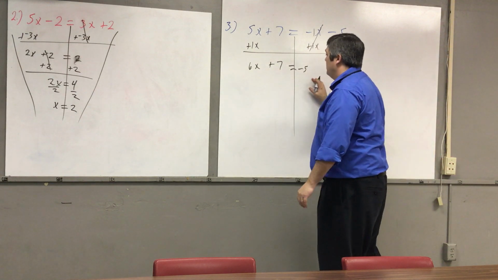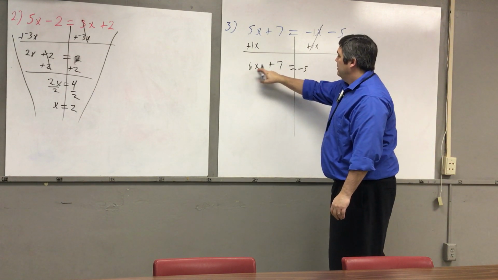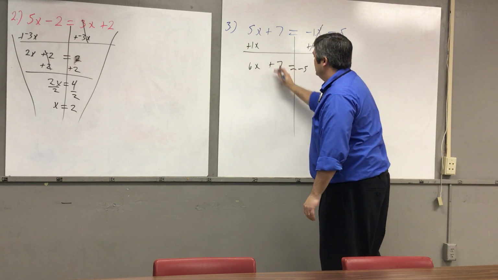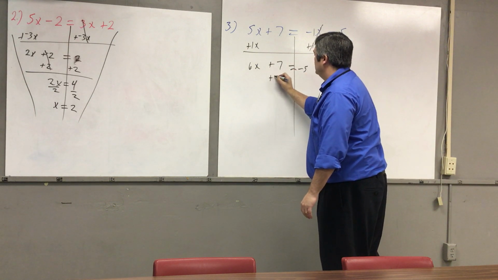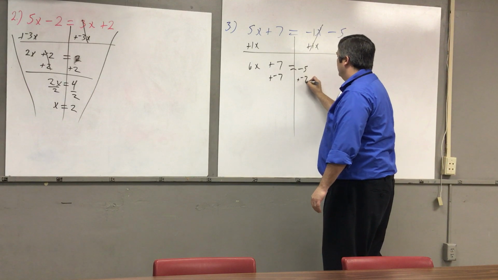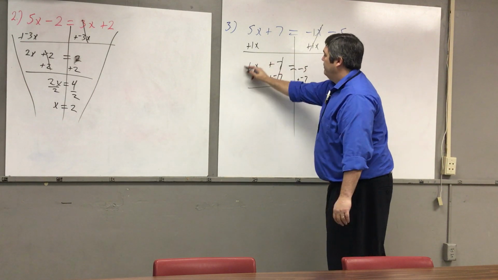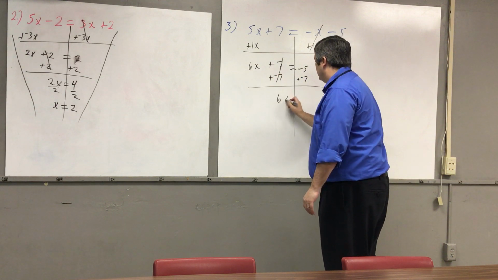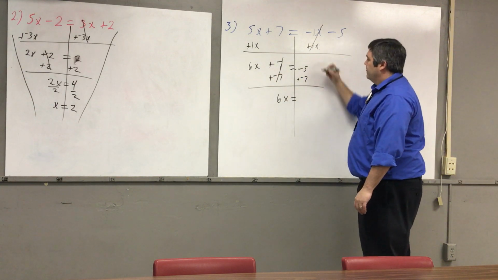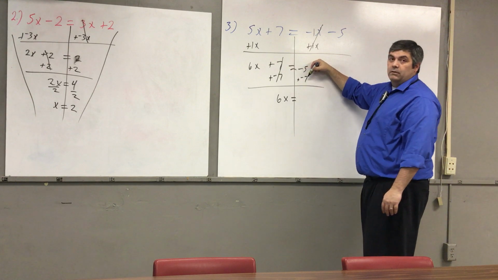Now, keep going. Here's my variable. This is further away, so I'm going to deal with this. Plus 7, so plus negative 7, plus negative 7. This cancels out. Okay? All I have left is this 6x over here, positive 6x, equals, now I've got a negative plus a negative. They have the same sign.